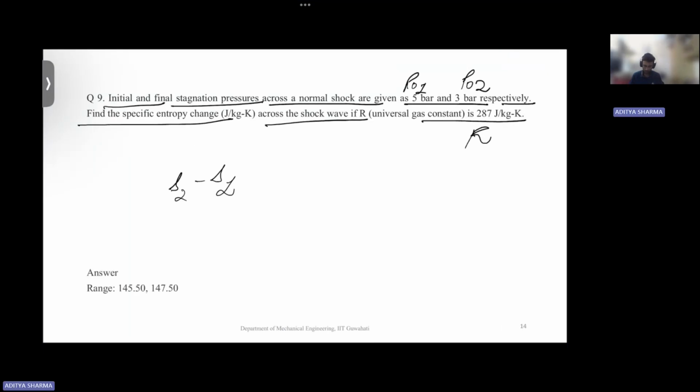Then moving on to the last question of the session.